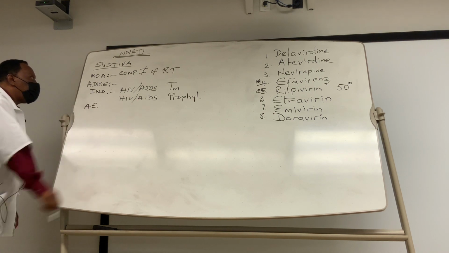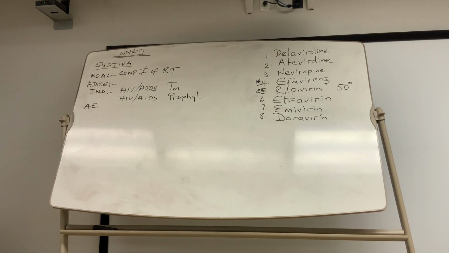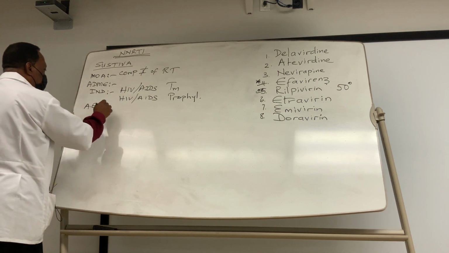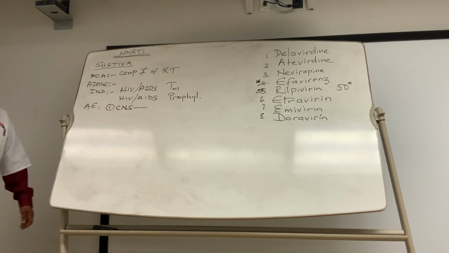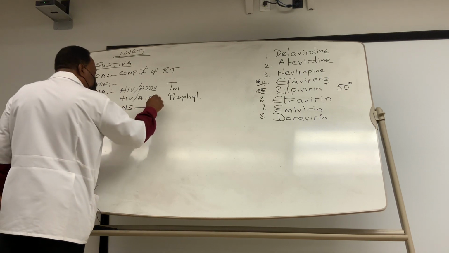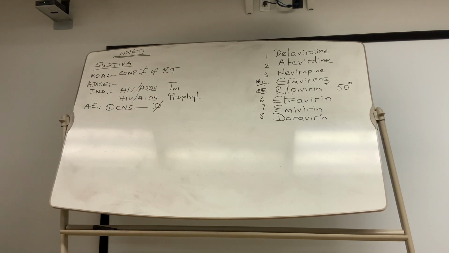And the adverse effects of your Sostegel, okay, number one there is your CNS. Produces almost any kind of CNS-related adverse effects you can think of. The most important one is severe depression. Depression that can lead to suicidal ideation and attempt.